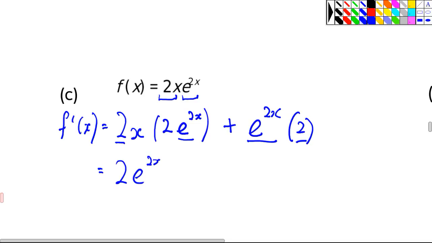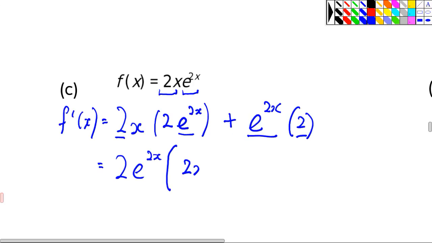I already underlined those I factorize. What is left inside? 2x plus 1. In the exam, if this is a 2-mark question, you will get 1 mark here and 1 mark here. If it's a 3-mark question, you get 1 mark here, 1 mark here, and 1 mark here. So factorize, I'm telling you, is the 1 mark.